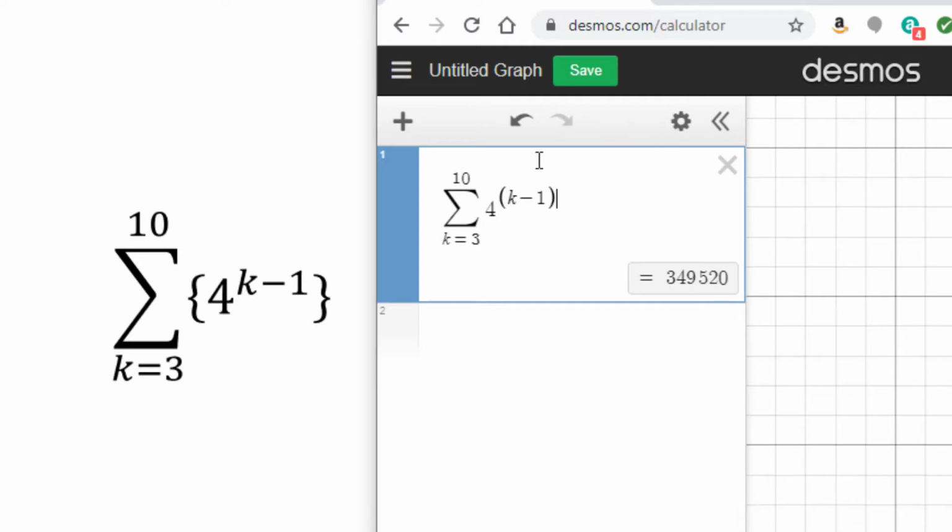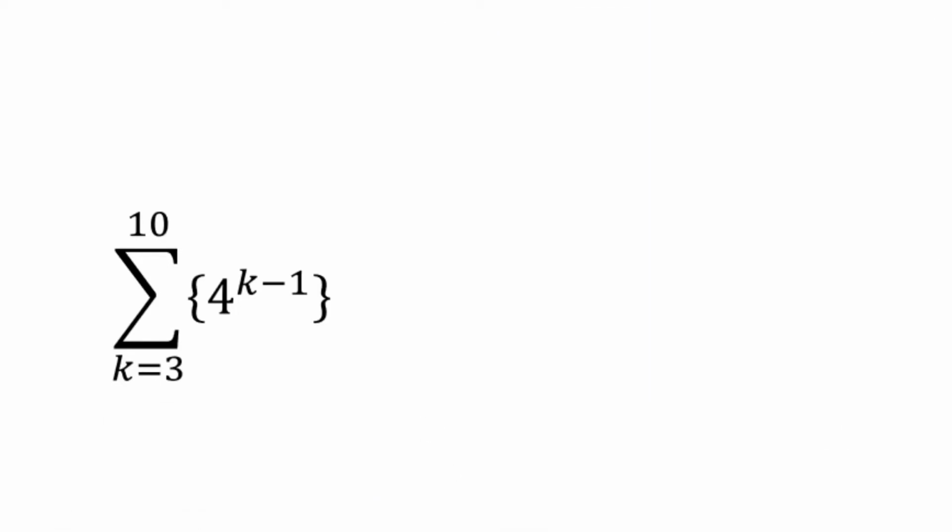And the common ratio would be 4. But looking at some of the other sums they give you, it's actually a lot harder to figure out on some of them what your first term and common ratio are. So my suggestion is just to put it in the calculator, because that's fun. I think it's fun, personally. So this equals 349,520.